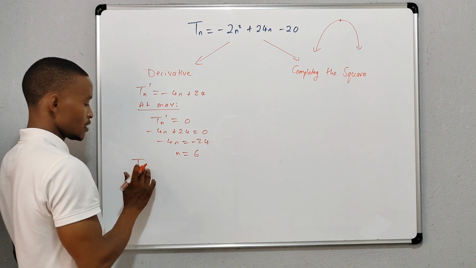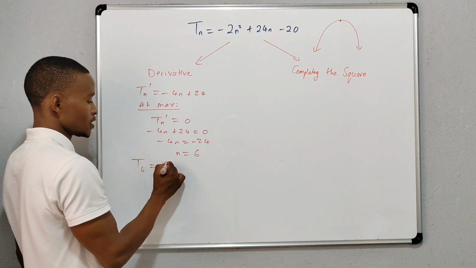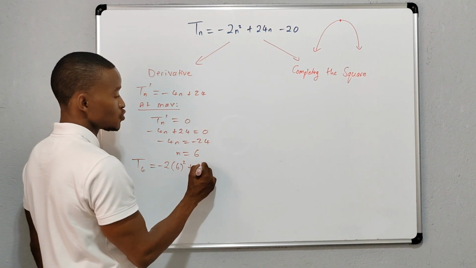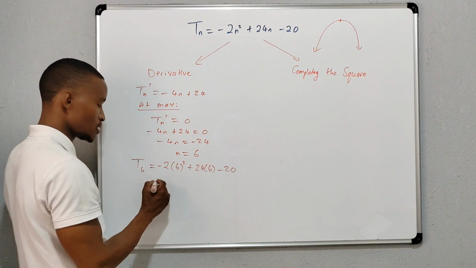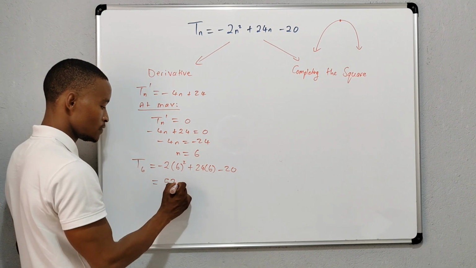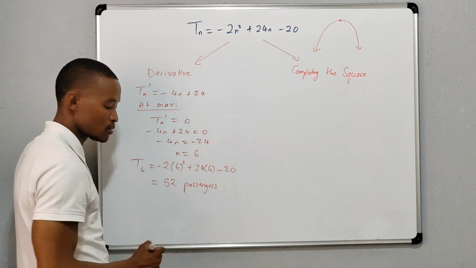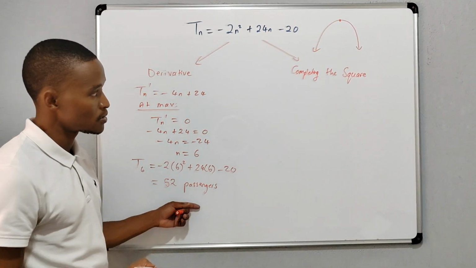So Tn actually becomes T6, which is equal to negative 2 times 6 squared plus 24 times 6 minus 20. If you perform this calculation, you'll get 52 passengers. Okay, maximum of 52 passengers on the bus.